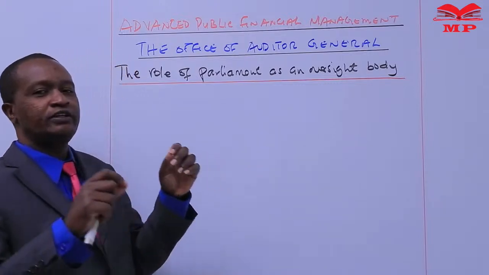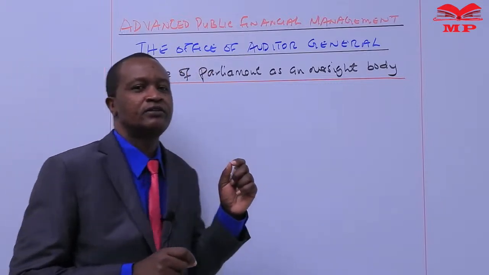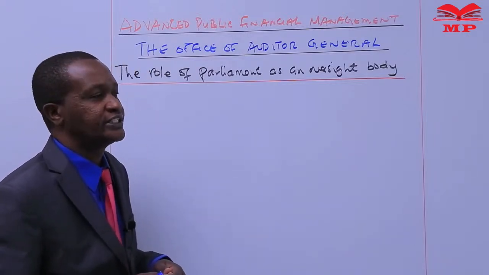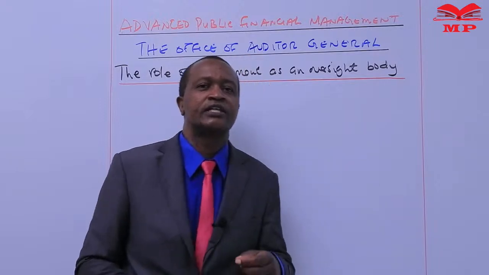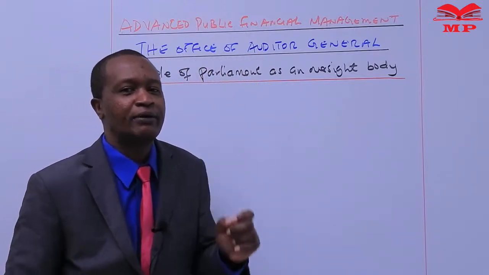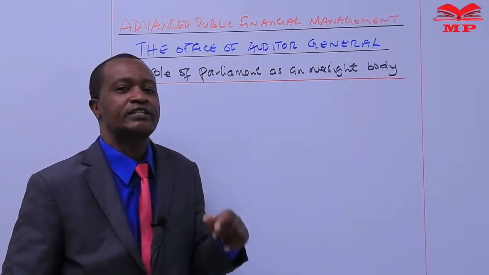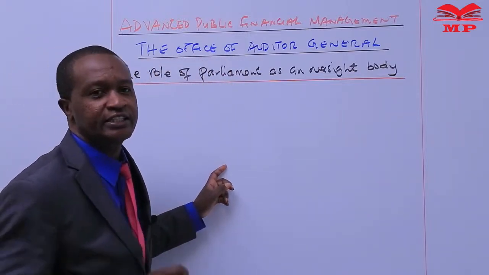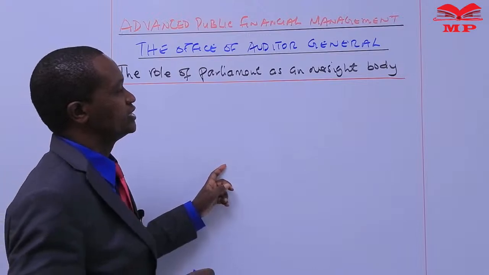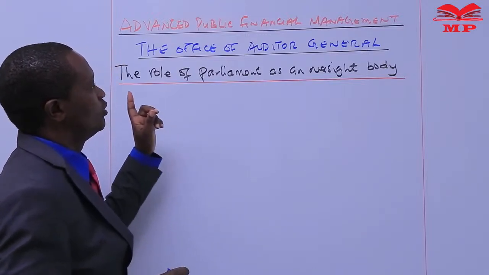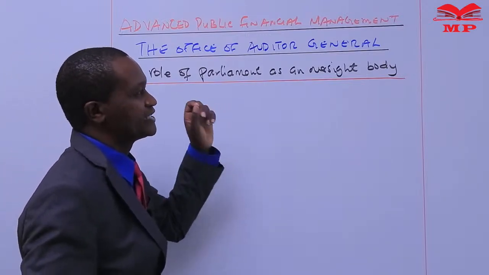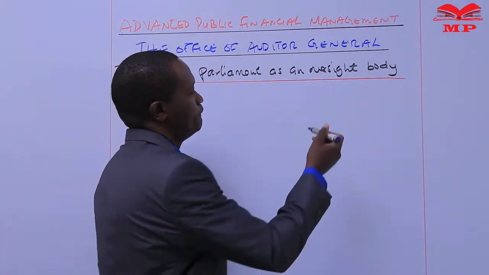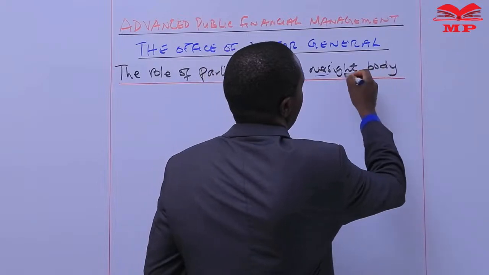It is composed of the Speaker of the National Assembly, the Speaker of the Senate, their deputies, and members of Parliament that are commonly referred to as members of the National Assembly and senators. So the question is, what is the role of Parliament as an oversight body?